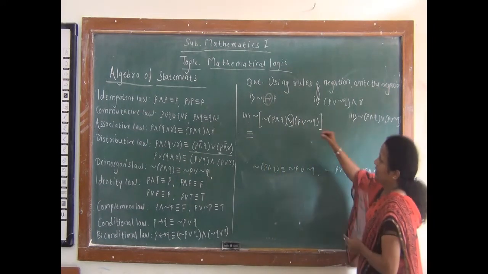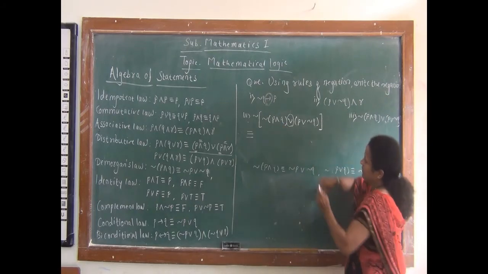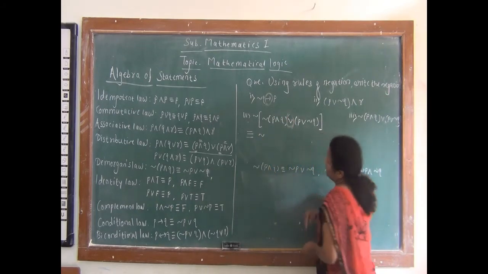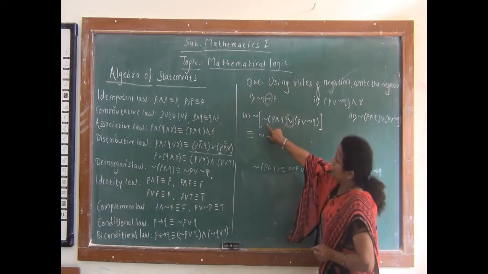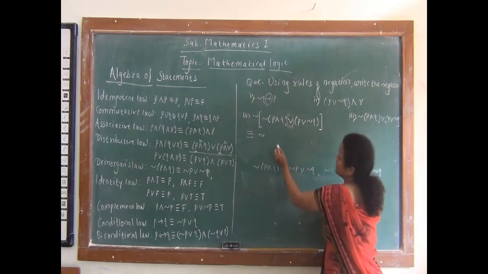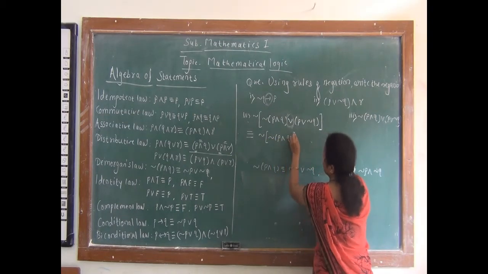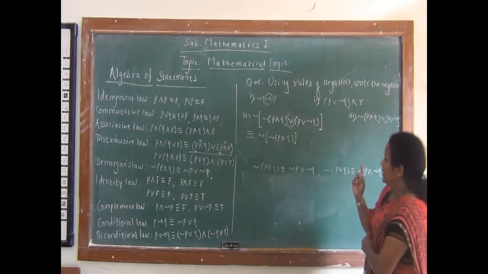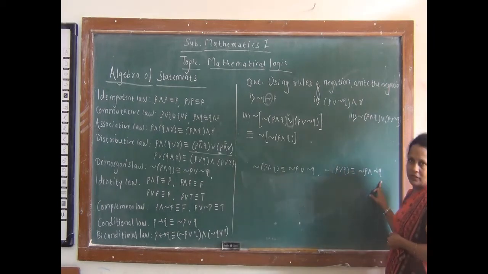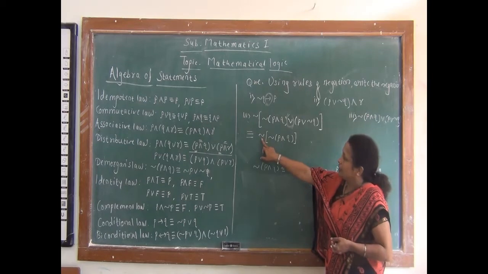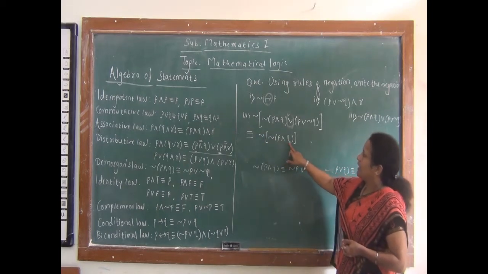First we take negation of this first statement. So here we write negation of. But here our statement is negation of this bracket, so we consider it in bracket, negation of (P and Q). So remember here we use negation of (P and Q). Here our P is this term. So we write negation of negation of (P and Q).